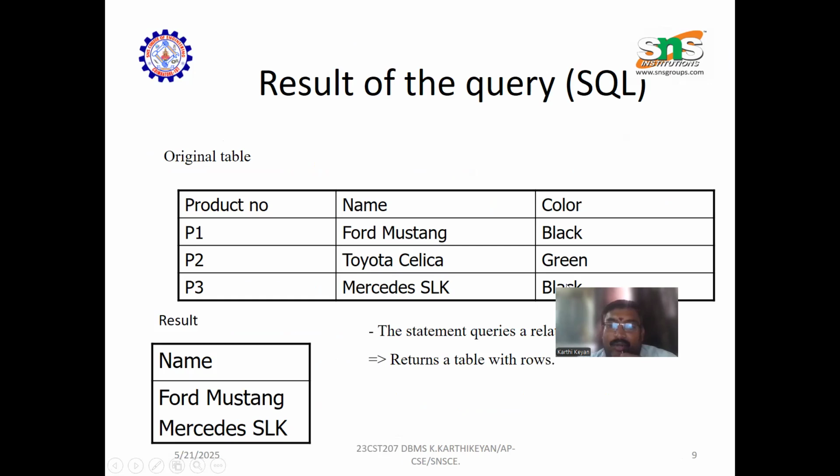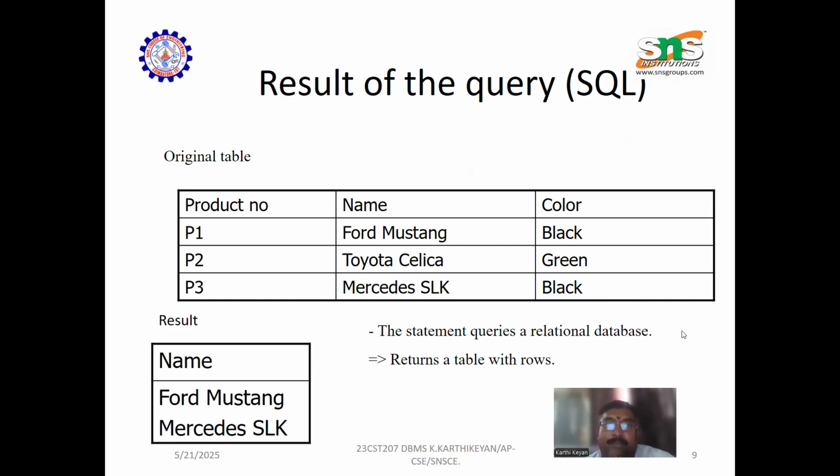This is the original table: product number, name and color. P1 Ford Mustang black, P2 Toyota Celica green, P3 Mercedes SLK black, and the result is Ford Mustang and Mercedes SLK. This is a way to represent the values.